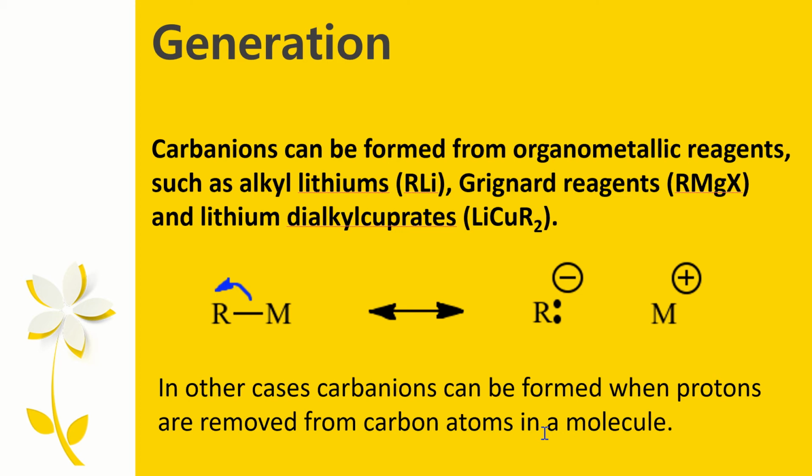So we have seen that before. You have a carbonyl and you have an acidic proton beside it. A base can pull it off to form a carbanion. So that is one other way. And of course, for these types of reactions, we know that the metal is more electropositive than the carbon, and so we have a polar bond, which is susceptible to being broken, and so we end up with our carbanion here.